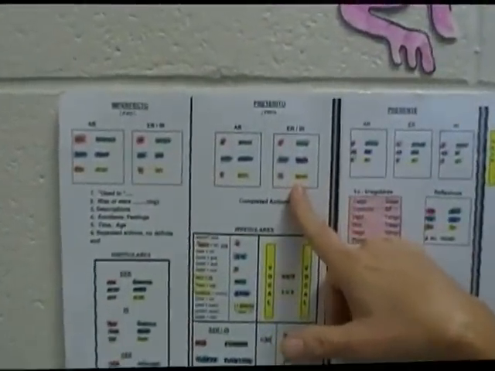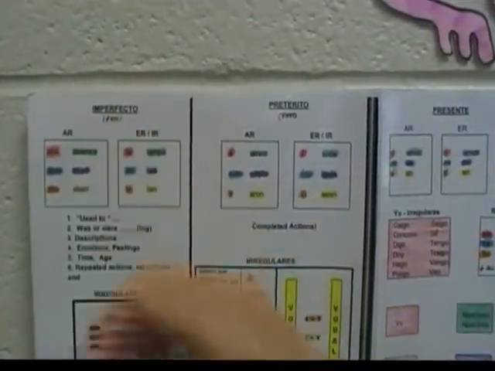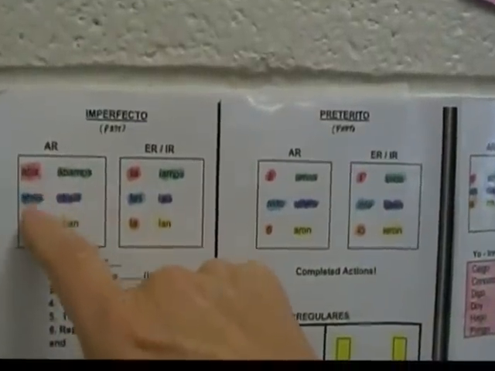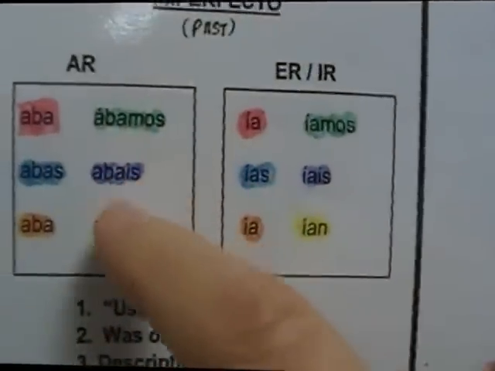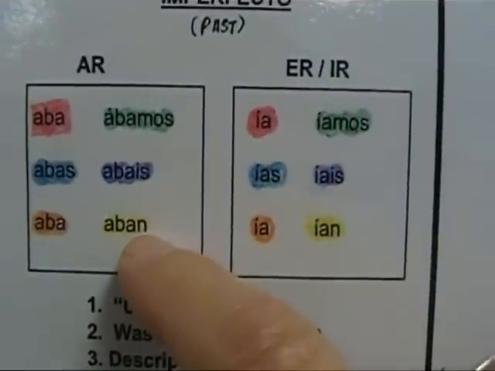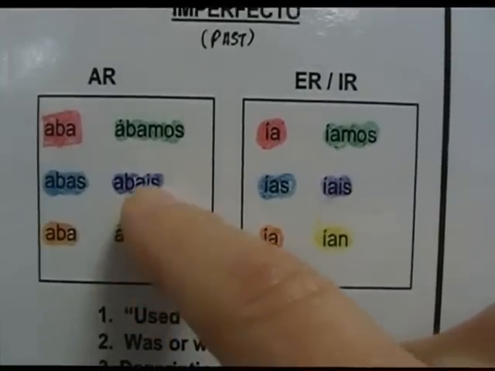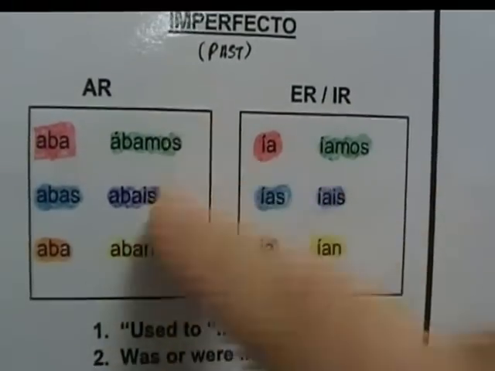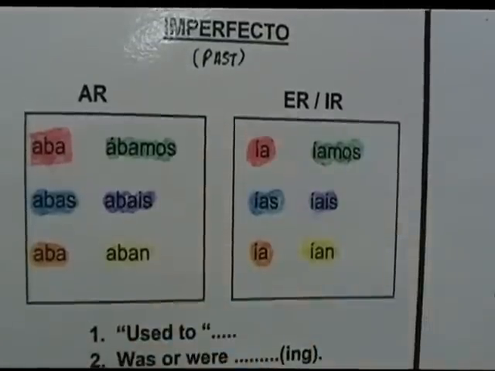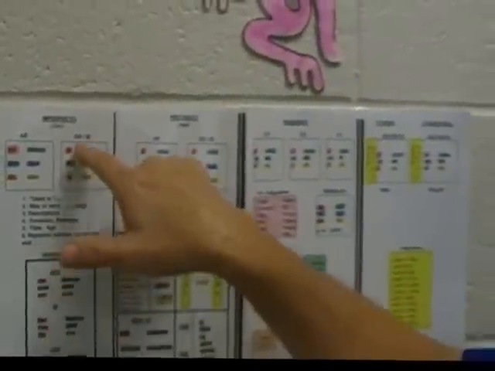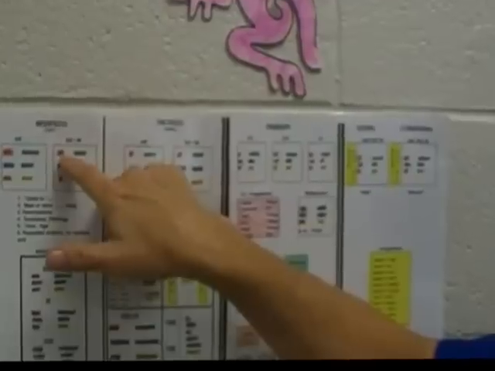For the imperfect, if you'll notice, aba is the first three letters in every ending for the AR verbs. So we're going to emphasize that aba to help you remember to use aba with all of these and then just add the extra things that you need for each color. So it's Ali, Baba, Traba, Haba. And then for ER and IR, they all go ía, ía.